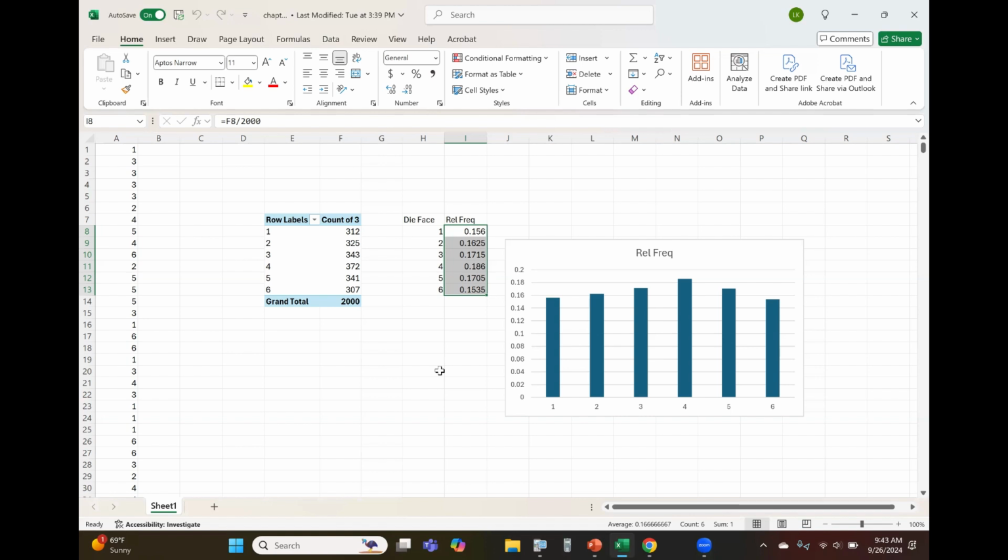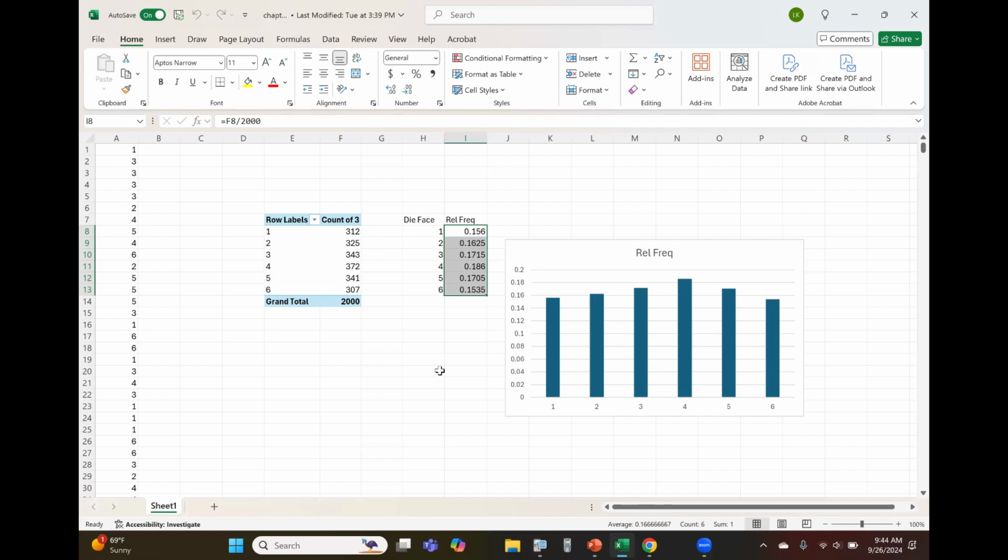So to create a relative frequency table, I took the count and I divided it by the total. So I took the 312 and divided by 2,000, and that gave me a relative frequency. It's also the probability that I get a 1. So if I get 312 ones out of 2,000 rolls, then the probability that I get a 1 from this experiment is 0.156.